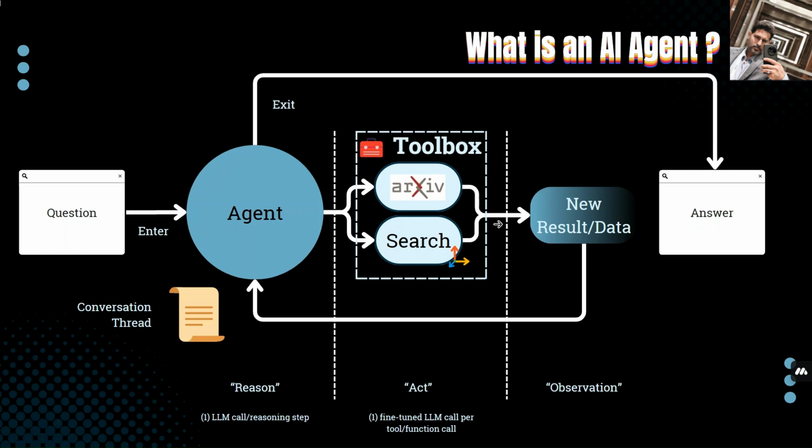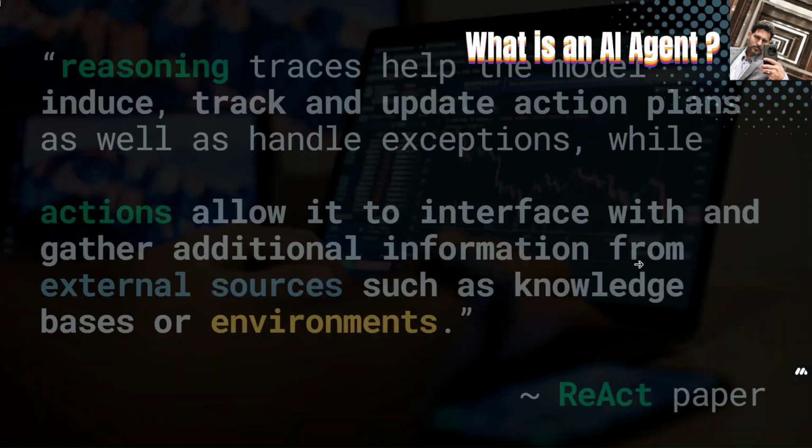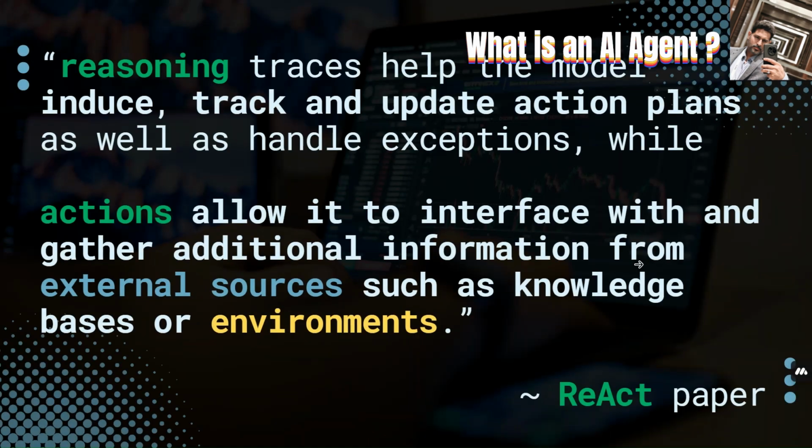Reasoning traces help the model to induce, track, and update action plans, and on the other hand allow it to gather information from tools, databases, or the real world. It's like a feedback loop. The model fetches the information and then returns with a refined plan or answer.